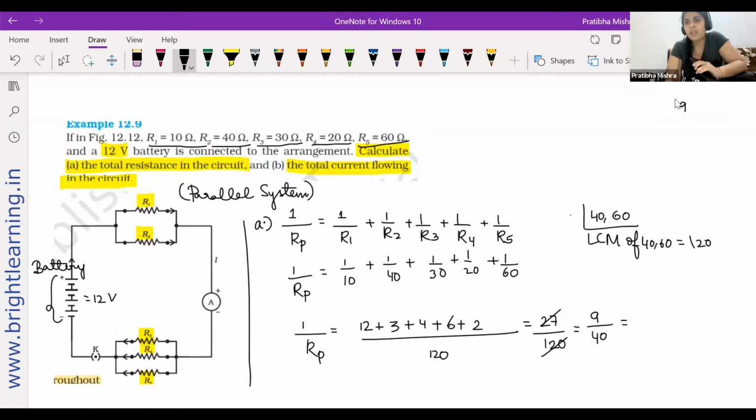That's better. Just do it normally. That will be more than enough. 40 into 2 is 80. Okay, 10, 100. So 80 again.